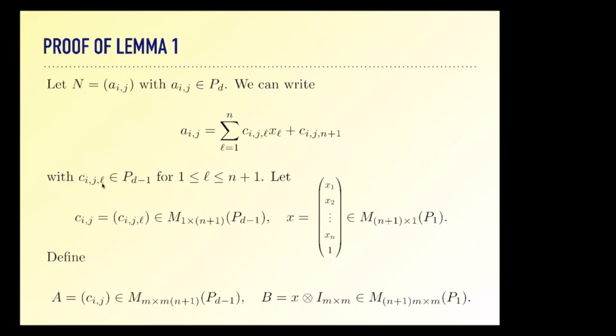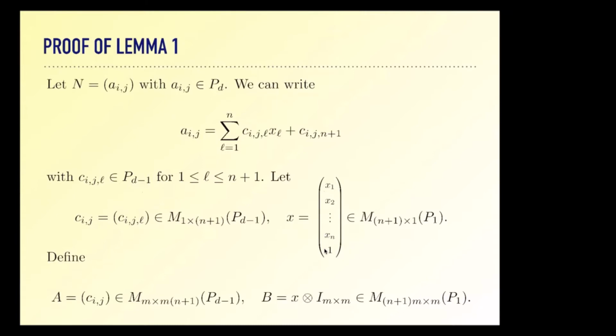Okay, so these Cij L are polynomials of degree D minus 1 now, because you factor out an XL. So this had degree D. So when you factor an XL, it has degree D minus 1. Okay, so then you let Cij be the 1 by n plus 1 matrix of the Cij L. And you let X be the vector of your variables, x1 through xn, and the number 1.